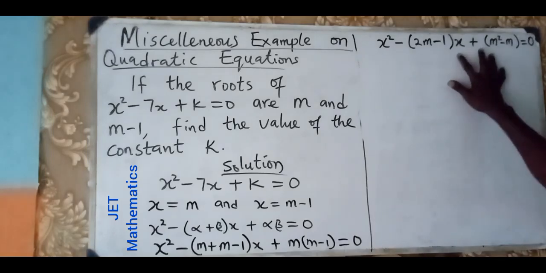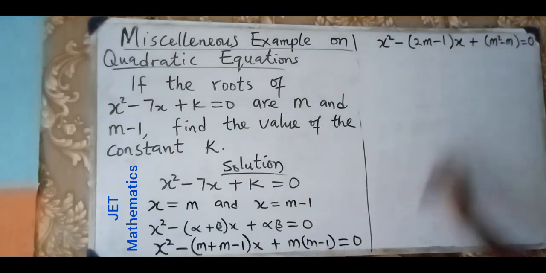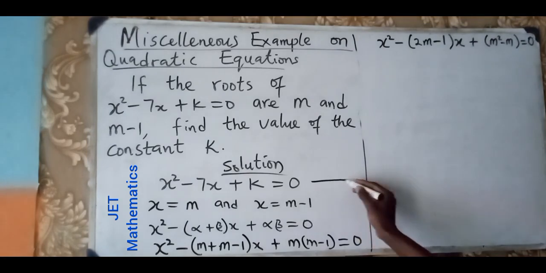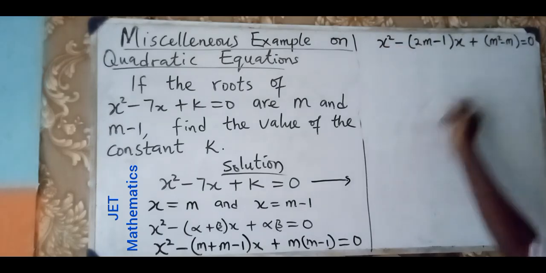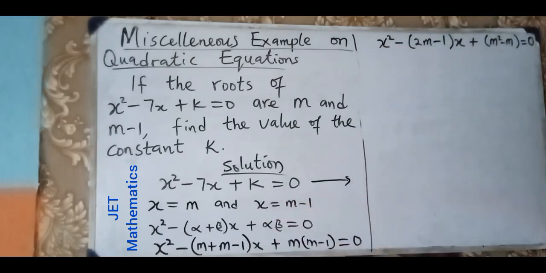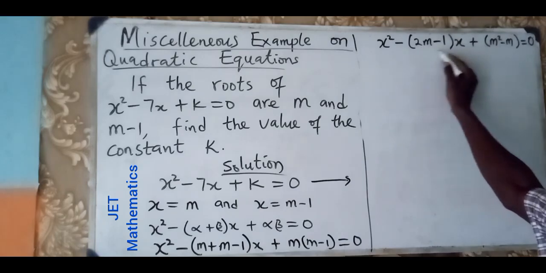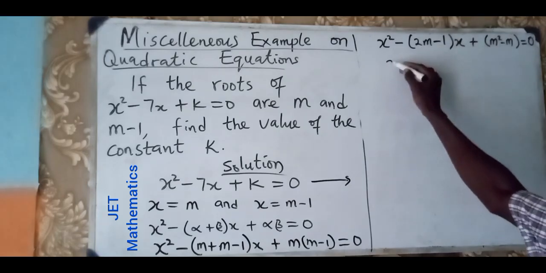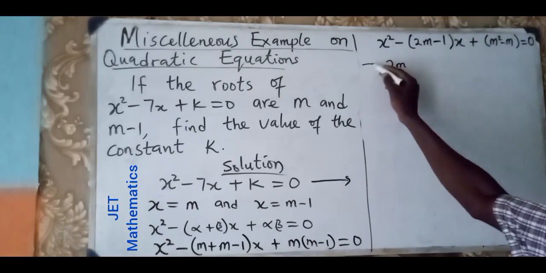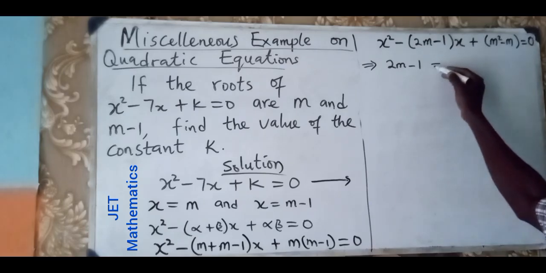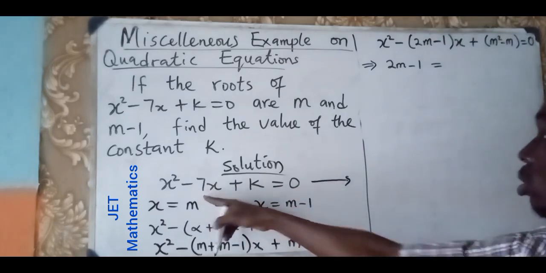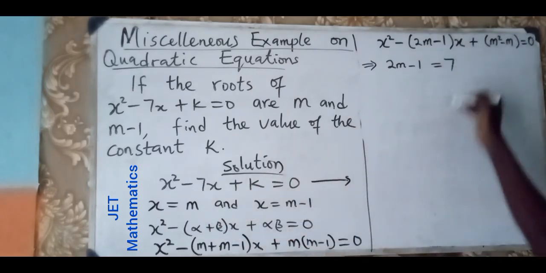Now comparing this equation with the given equation, we'll have by comparison that the coefficient of x here, which is 2m minus 1, will be equal to 7.